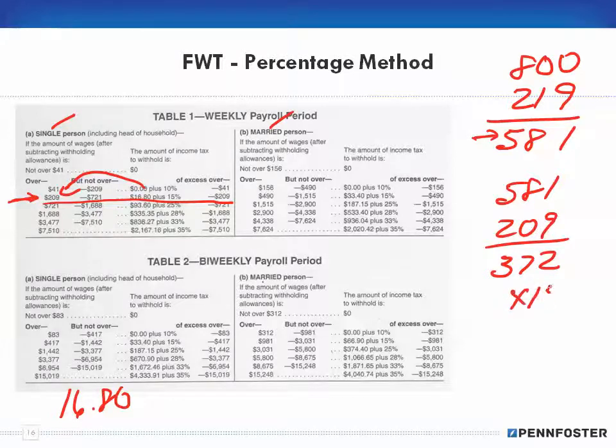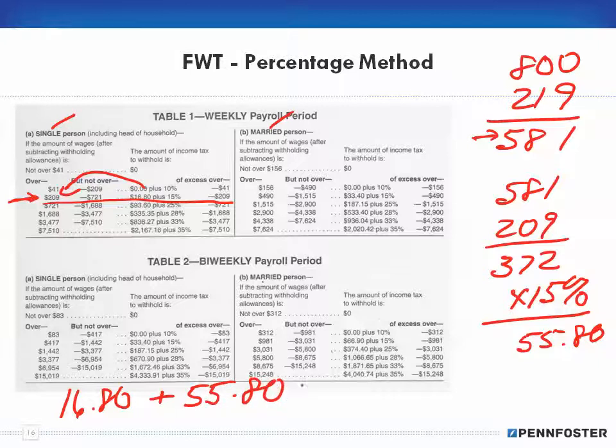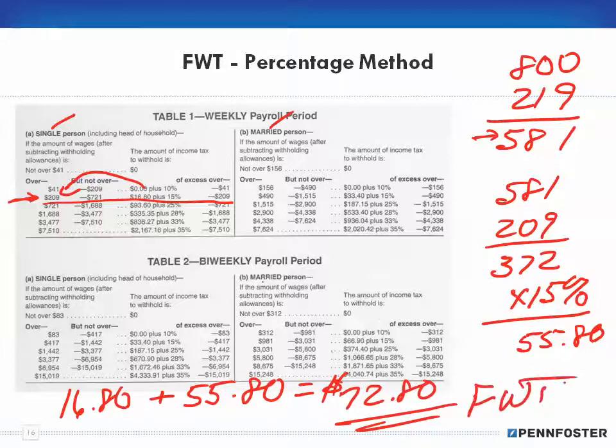I take 15% of that. So 372 times 15%, that's an additional $55.80. So I add that to the 16.80 and I get $72.60 of federal withholding. Okay, so that's how much would be deducted for federal withholding using the percentage amount.